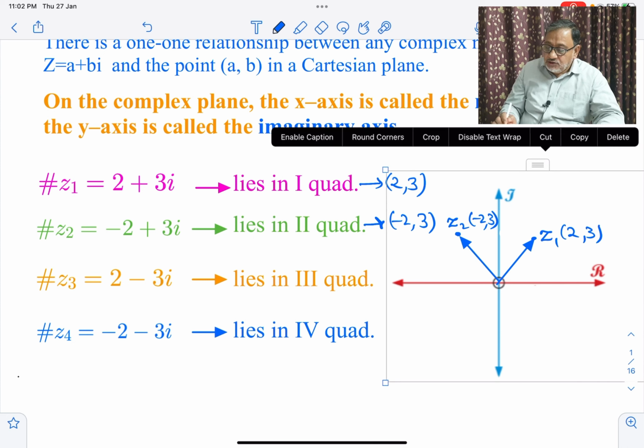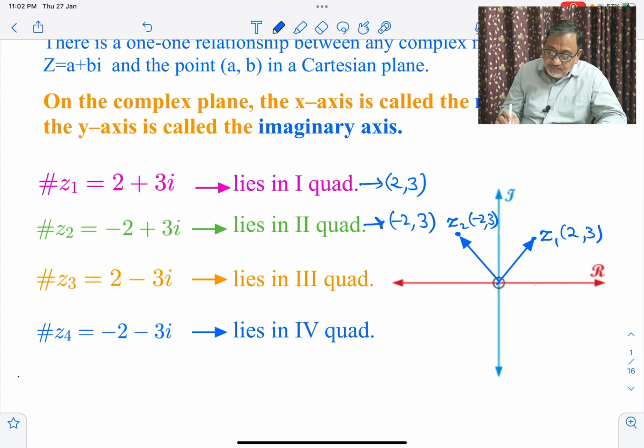Then z3, the complex number 2 minus 3i, will lie in the third quadrant, and it will have a one-to-one relation with the point (2, minus 3). I'll locate it in the third quadrant. This is in the fourth quadrant, and this one is in the third quadrant.